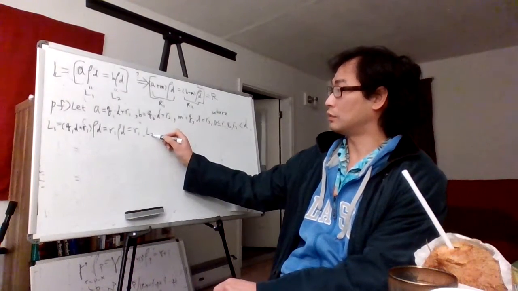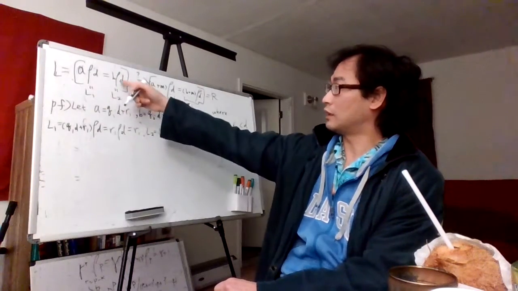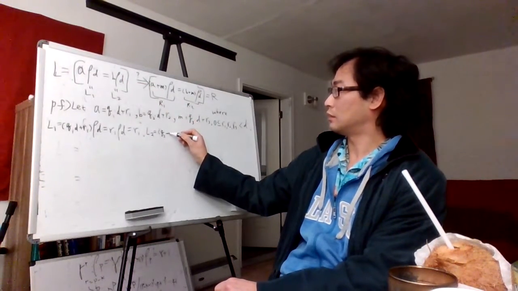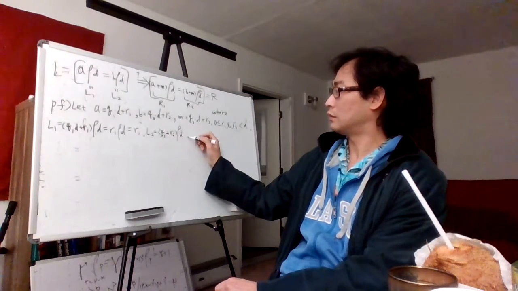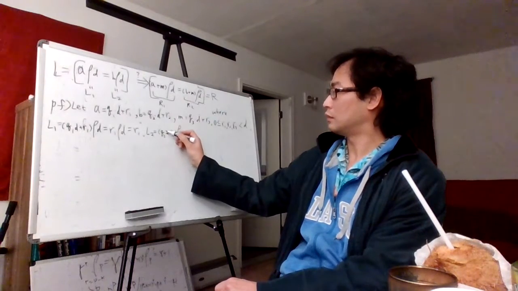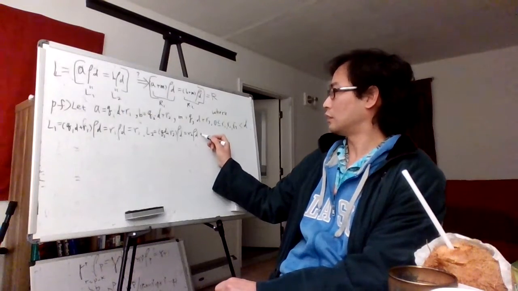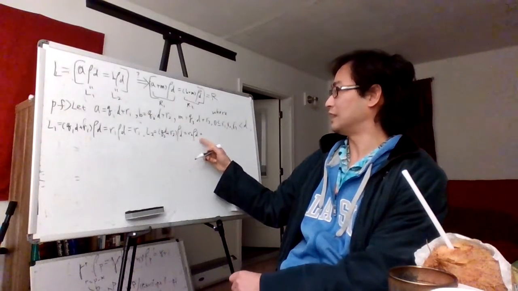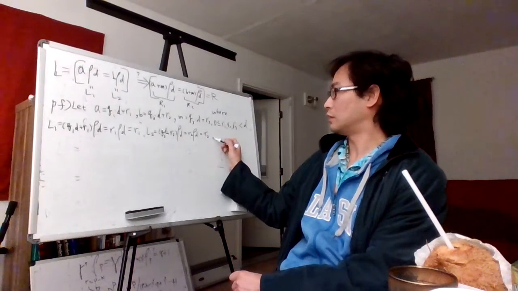L2, this guy, R2 row D. And because R2 is less than D, this is R2, period.